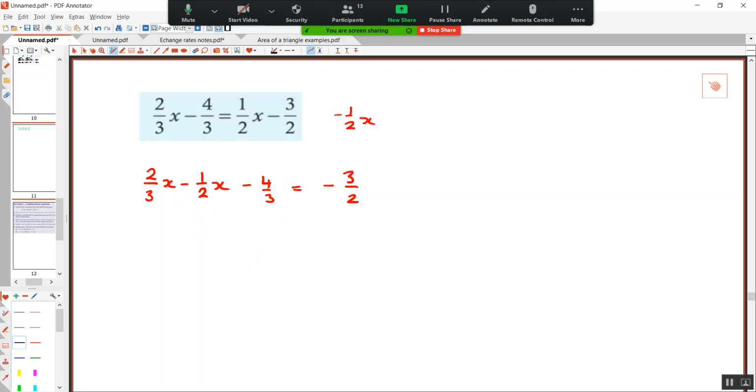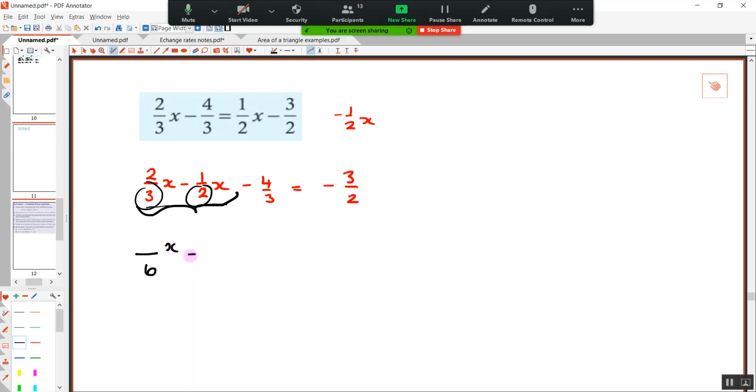What do we have to do? Well, we've done that bit, but when we want to do that, what's the common denominator?